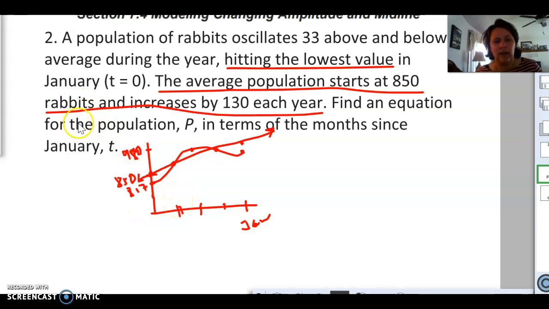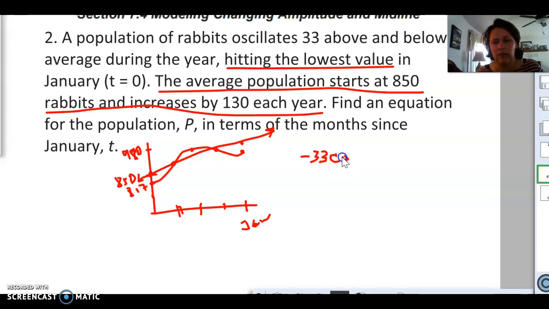So we need to find the actual equation for this population. Since we are starting at a low, I'm going to make that a negative cosine function. And 33 above and below, so 33 is our amplitude.